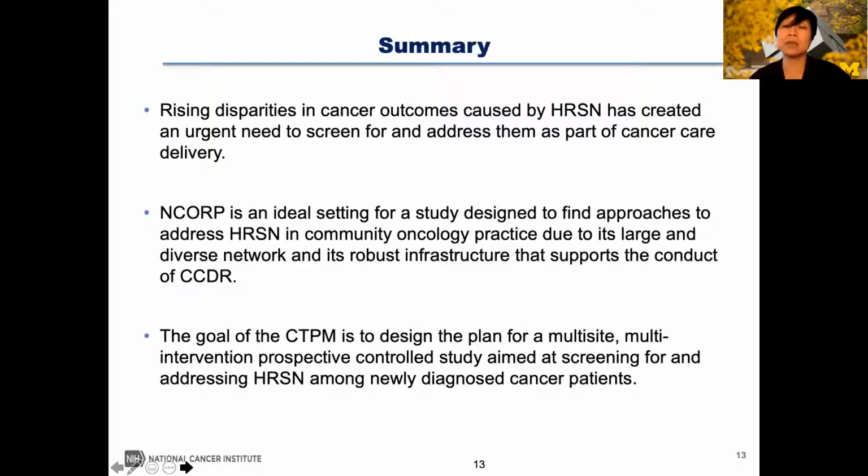The goal of this planning meeting is to design the plan for a multi-site, multi-intervention prospective controlled trial to screen and intervene on health-related social needs among newly diagnosed cancer patients. Thank you.